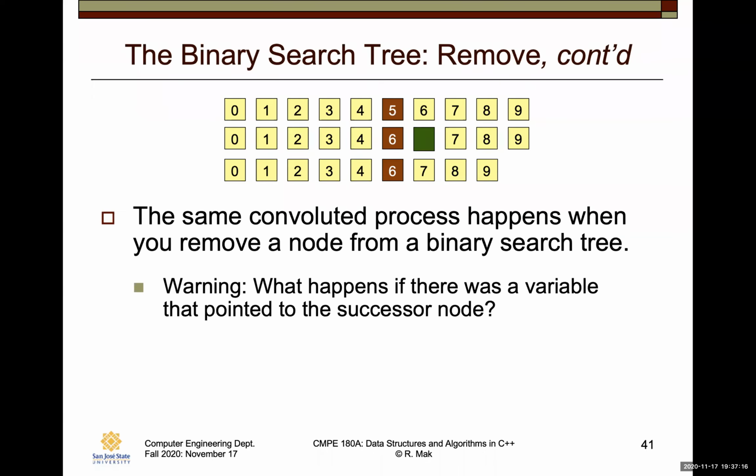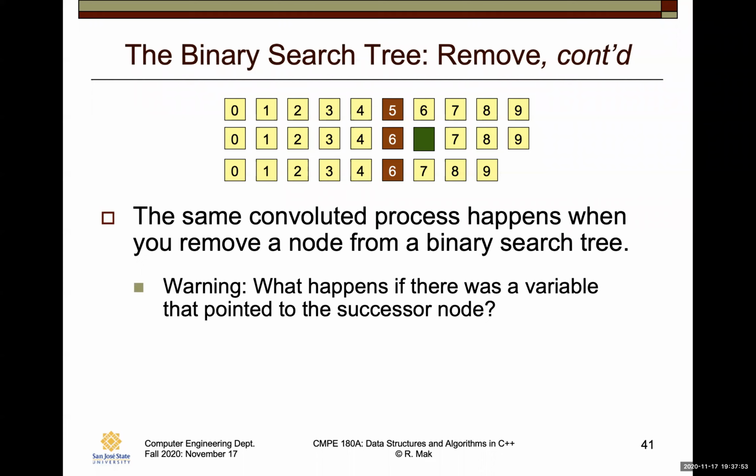That can cause problems later, because that pointer to 6 is now a dangling pointer, pointing to something that got removed. Let's ignore that problem for now and just concentrate on this convoluted way of removing a node from a list. Again, we copy over the successor's value, and then we remove what used to be the successor.